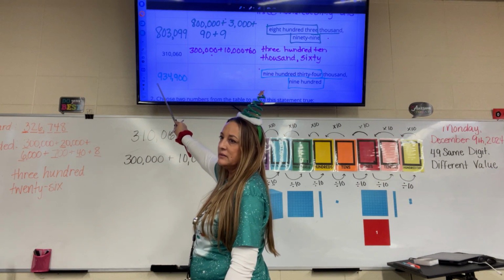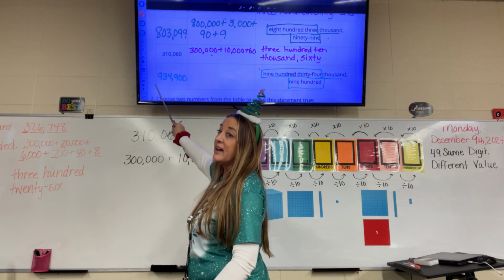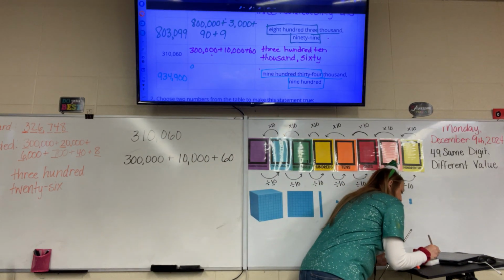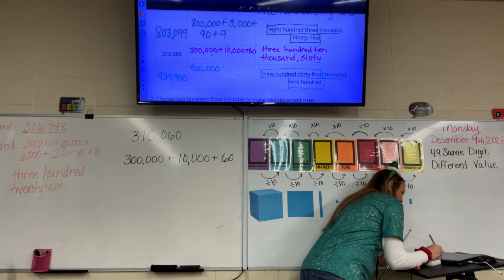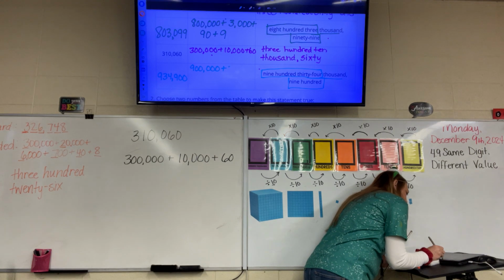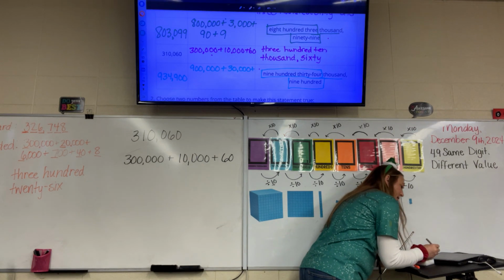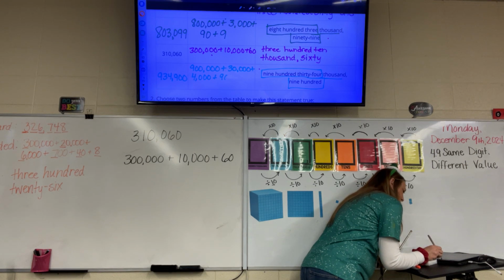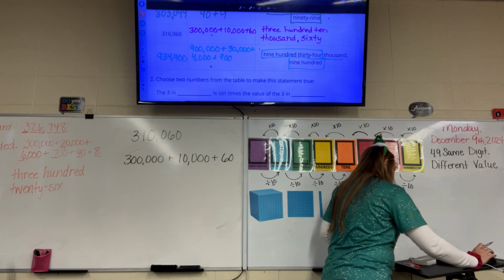Harbor? 900,000. So we need to write 900, then a comma with 3 zeros. 900,000 plus, Hazel? 30,000 plus, what comes next, Mary? 4,000. And what comes last, Jackson? 900. Yes. Okay, good.